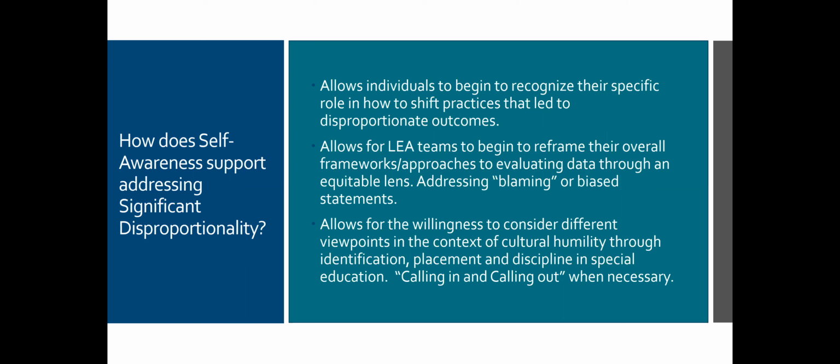And how can we start to do a calling in? Having people understand that some of these systems are not being responsive to those intersecting identities, and also calling out when necessary. So, if you're not seeing the shifts that you need to, what does that process look like? When we think of the speaking up, the four-step process, what does that mean, and how can it be translated into the approaches that we put in place to mitigate significant disproportionality in our outcomes?